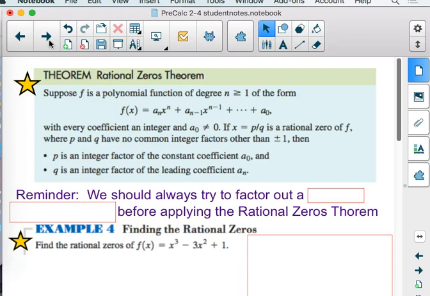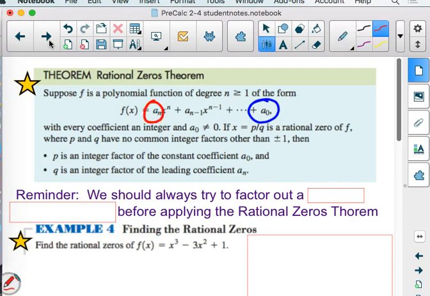Last year, we went through this and said, okay, that's a lot of blah, blah, blah. So what are they saying? They're saying take any of the factors of the constant at the end and divide it by any of the factors of the leading coefficient. And that's a list of possible zeros, things that might work when you go through and find your zeros.